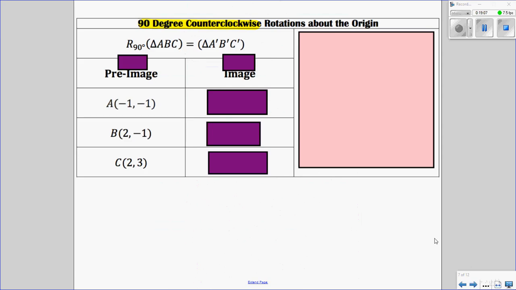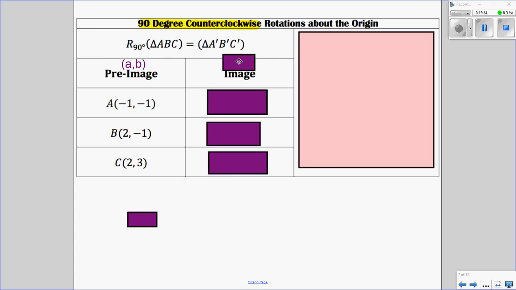All right, so we're going to do some examples. We have a 90-degree counterclockwise rotation about the origin. They gave us the symbol. We have the pre-image and the image. The pre-image is AB, what we're starting with, and in order to do a 90-degree rotation, you're turning it 90 degrees counterclockwise to the left.